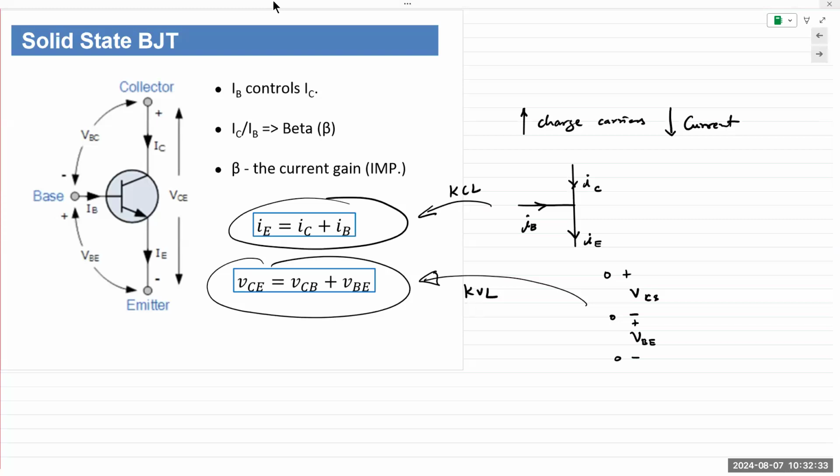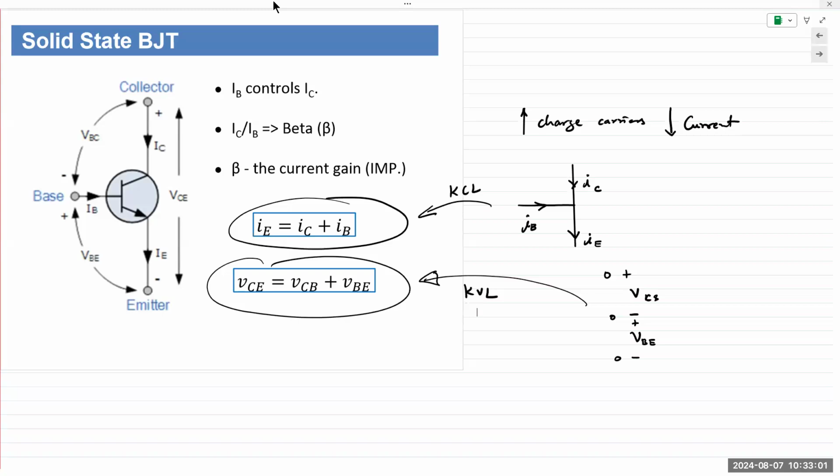Yes. It does, depends on the application. Right now we are using VBC and VCB kind of interchangeably just because of the signs. But it depends on the circuit, depends on the application. It's simply to apply KVL.